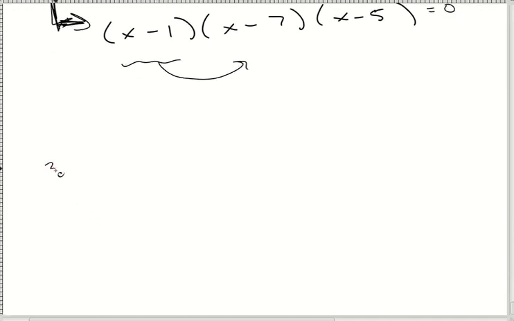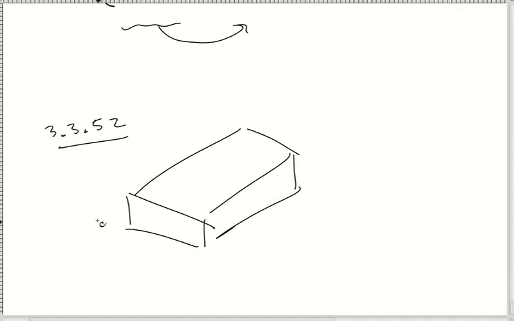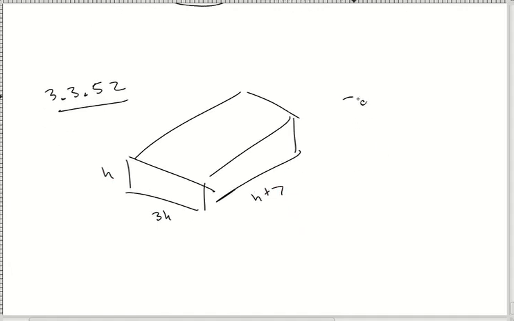Okay. Two last problems, and they're kind of like application problems, word problems. This one is like a box. I have h height, a 3h width, and an h plus 7 length. It says 3 is a solution to this problem, and I think they give you this big old formula.